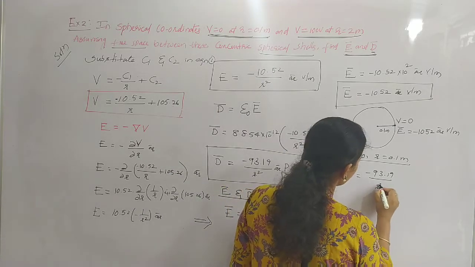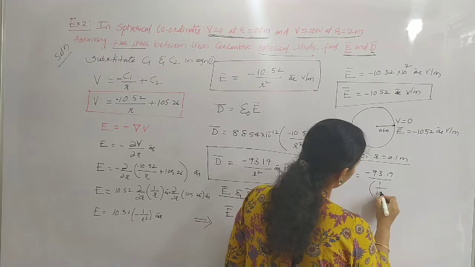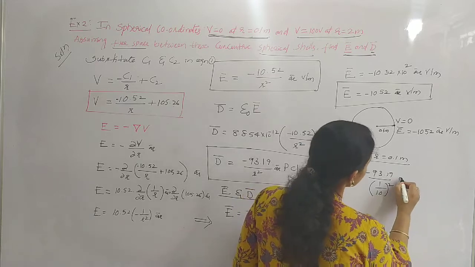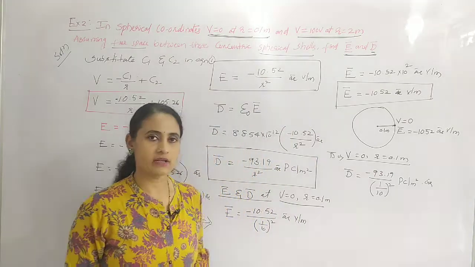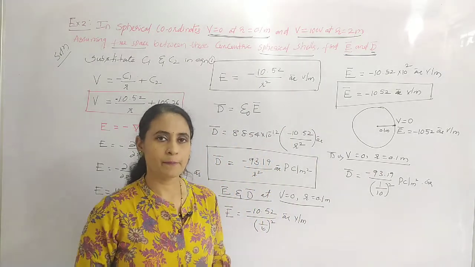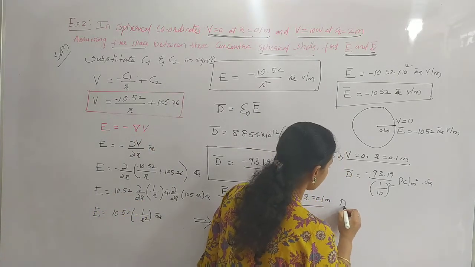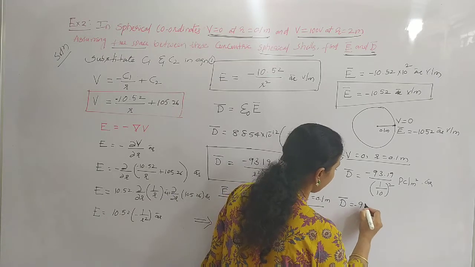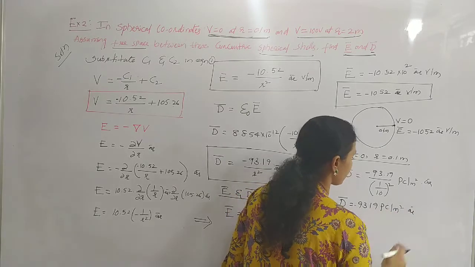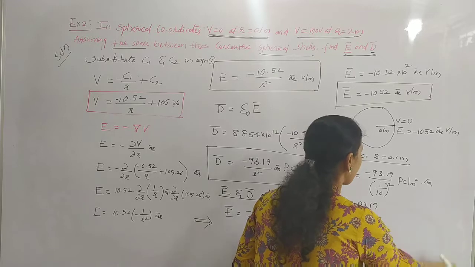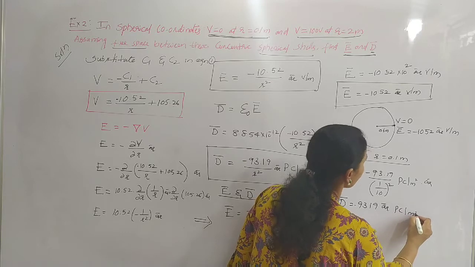I will write R square as 1 by 10 whole square, picocoulomb per meter square into AR. This AR again gives the direction of the electric flux density, along the radius. So the flux density is minus 9319 AR picocoulomb per meter square.